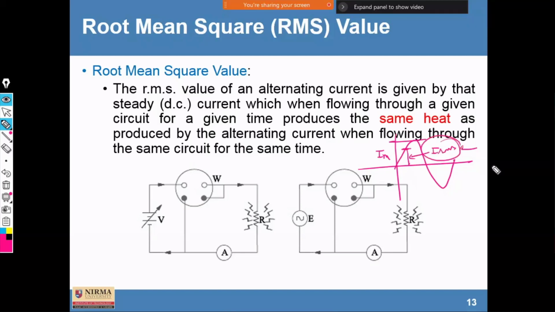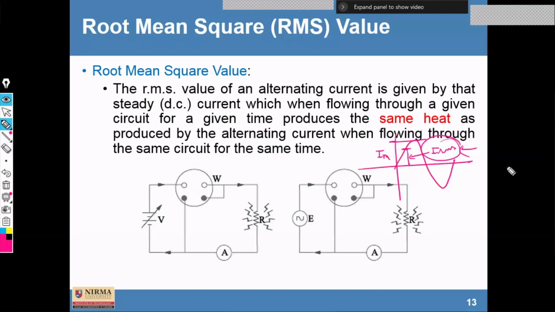So this IRMS value is also known as effective value or virtual value. And in our premises, whatever amount of current flows, that is the RMS value. Fine. Any doubt?